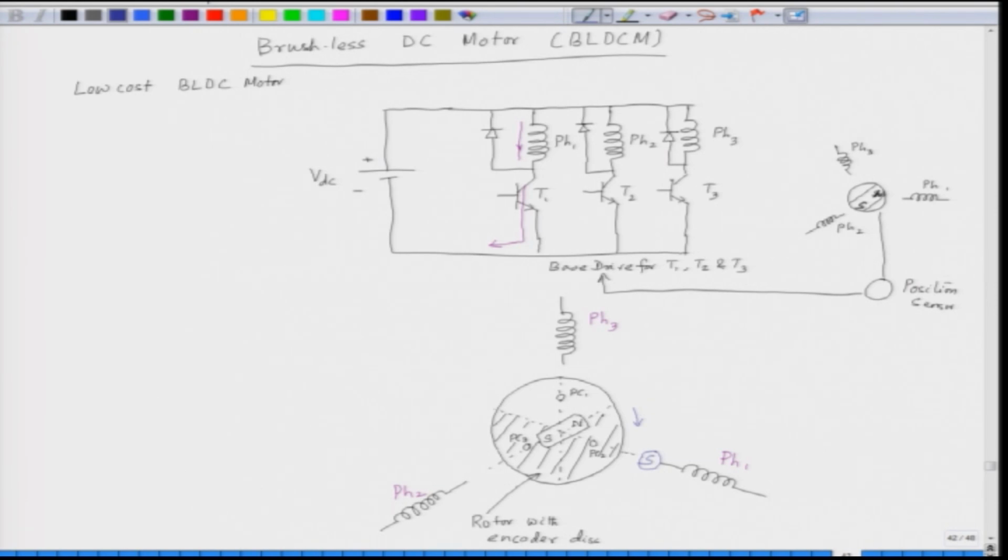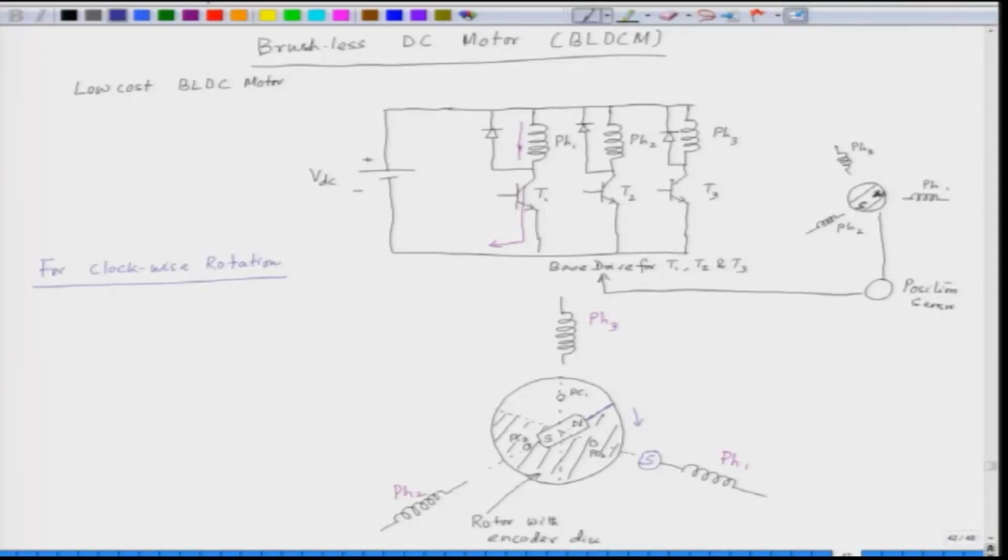So, let us see what is the arrangement for clockwise rotation. Right now, PC1 is getting a signal equal to 1, because this region is transparent and this region is the opaque region.